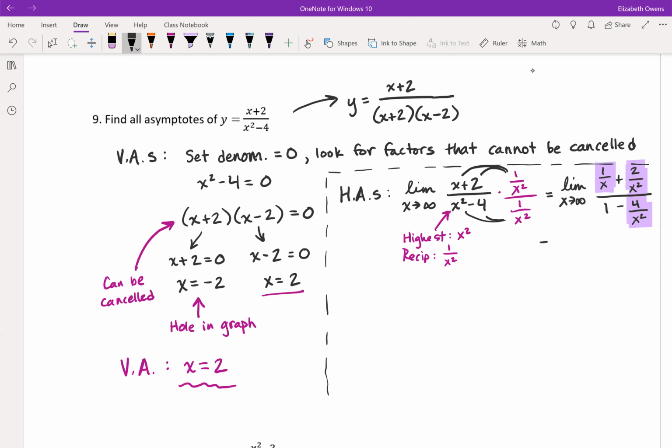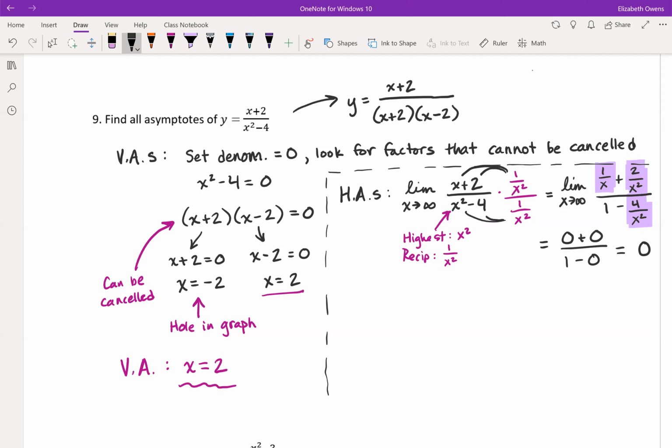Okay, so we are going to use our useful theorem and replace those 3 terms with the zeros that they are approaching. 0 plus 0 over 1 minus 0. So we have 0 divided by 1, which is 0. Yay.